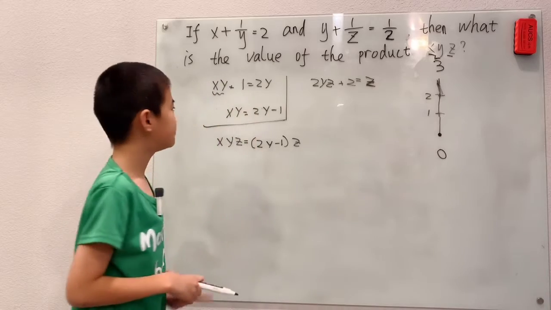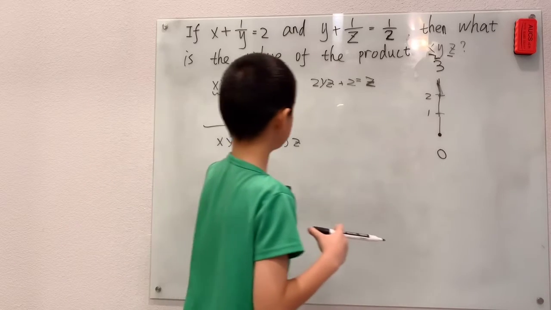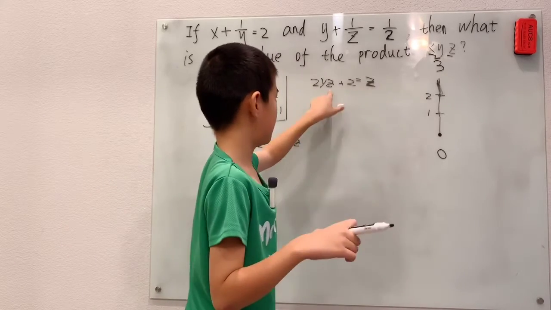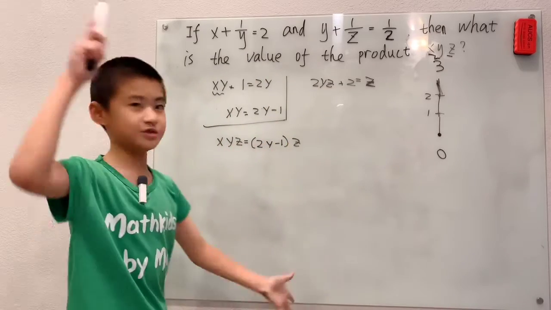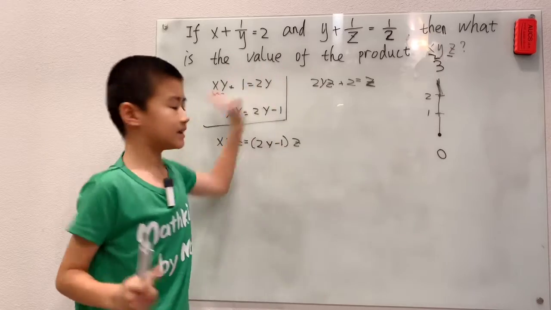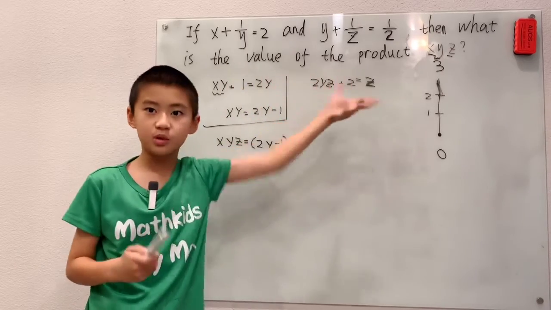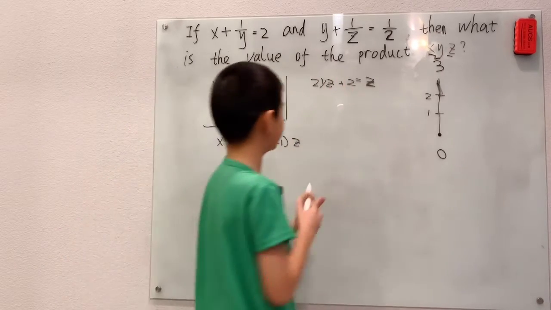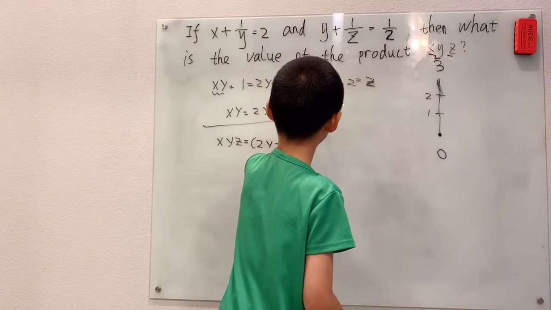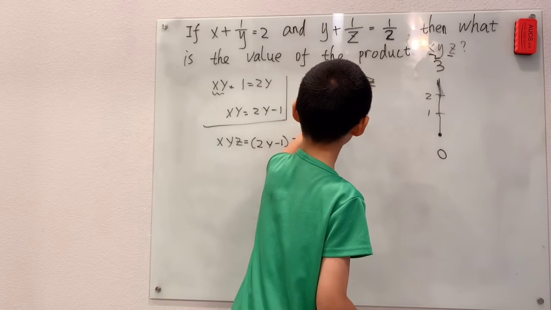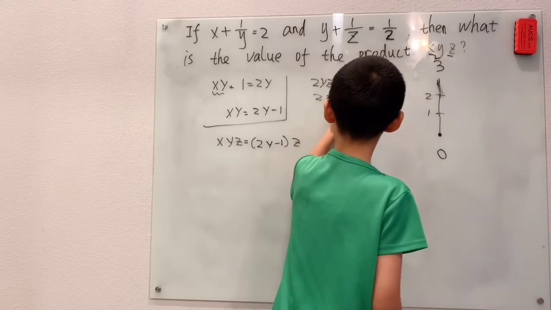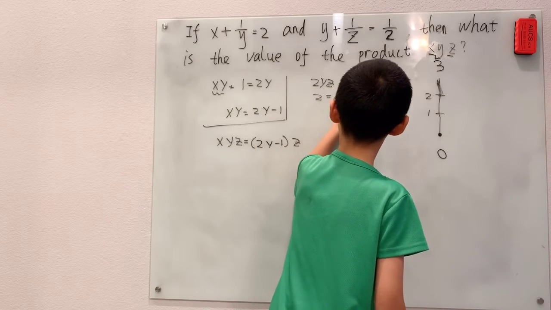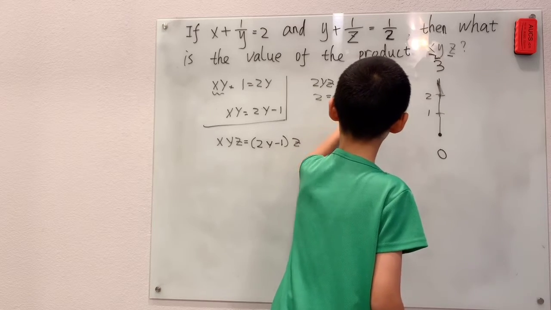Okay. Now, I see a z here, and I see a z here. We obviously can't get rid of z when there's z's all over the place. So we need to get all the z terms on one side and all the numbers on the other side. We can do that by just subtracting 2yz from both sides.